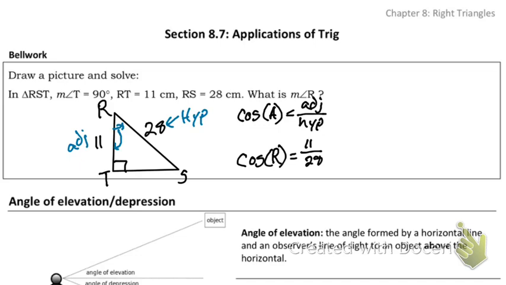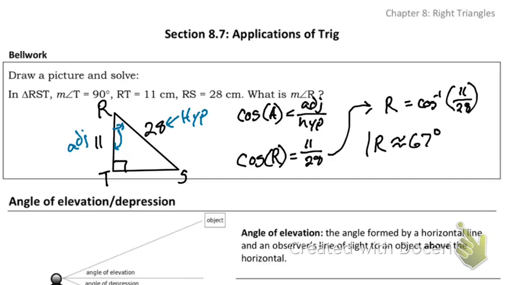I'm looking for that angle R, and to find an angle, you have to use inverse. So when I take the inverse of both sides, you should wind up with basically R is going to equal the cosine inverse of the adjacent over the hypotenuse. Remember, inverse takes whatever side you're looking at and pops out an angle. So in this case, it's cosine inverse of the adjacent over the hypotenuse that is going to give me my angle. Now, if we plug that in our calculator, we're going to come up with R is about 67 degrees.